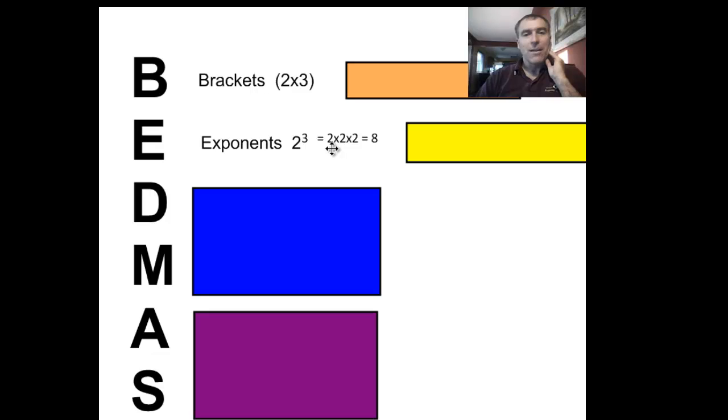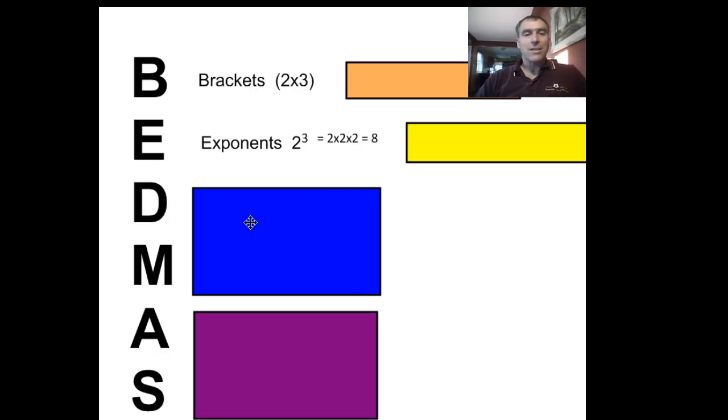So like here, 2 times 2 times 2. You know that 2 times 2 is 4. 4 times 2 is 8. So 2 to the third is actually equal to 8. As I said, you won't see a lot of those this year, but you've got to know that exponents are the second highest priority in order of operations.